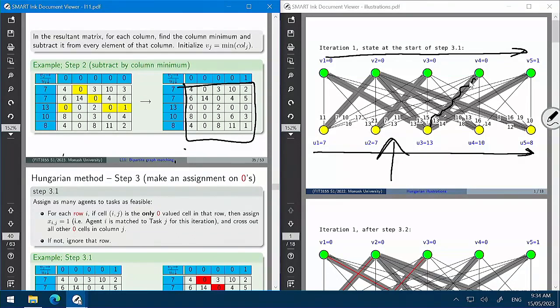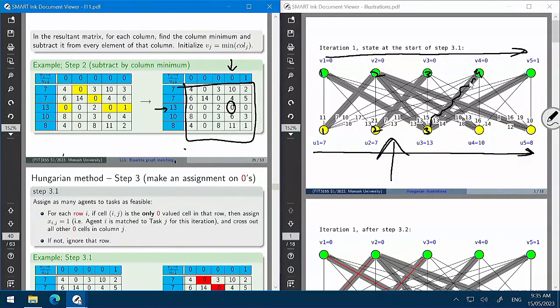So that's third row and fourth column. Right? Third row, 1, 2, 3, and 1, 2, 3, 4. So what is third row, fourth column? It's 0. Yeah? The reduced cost is 0.